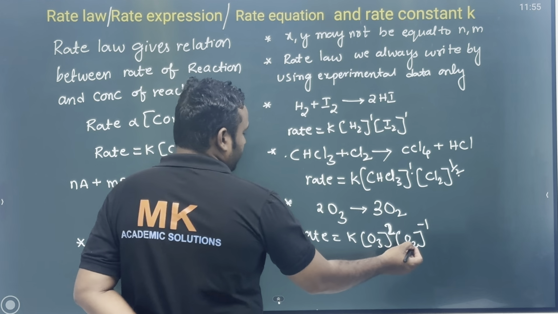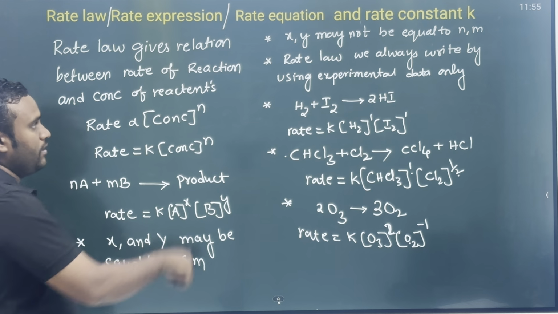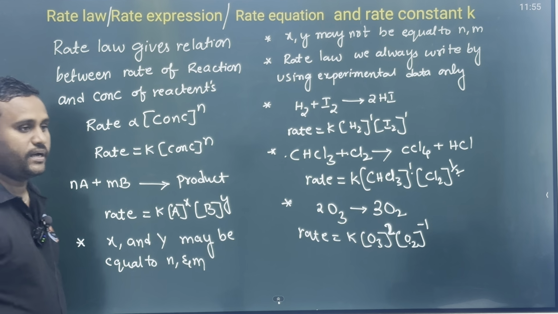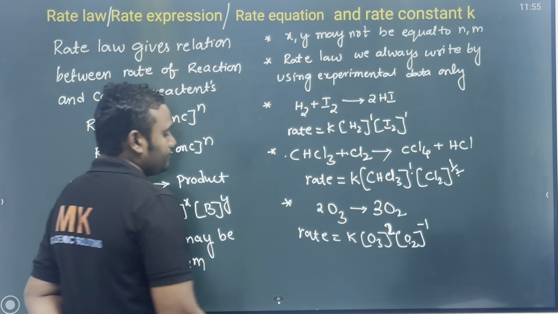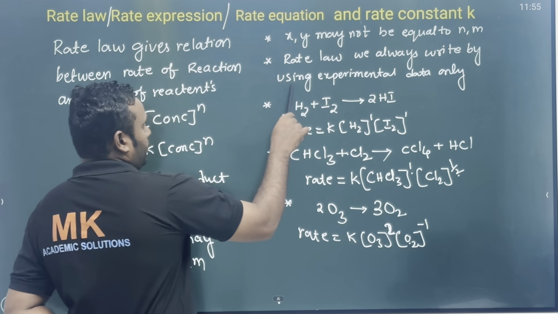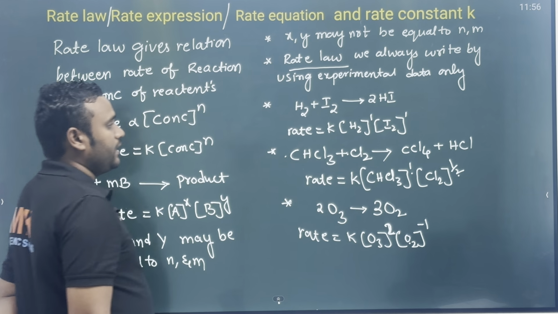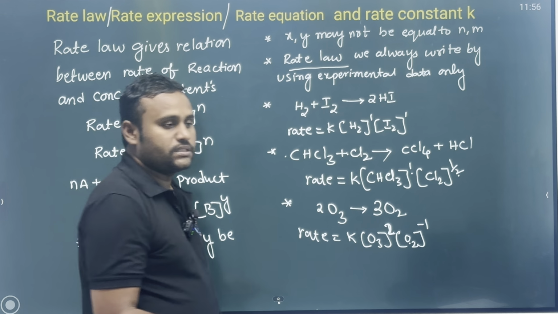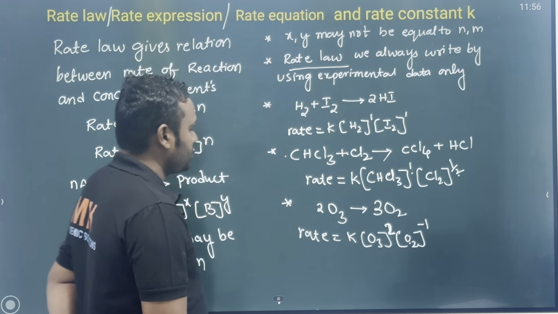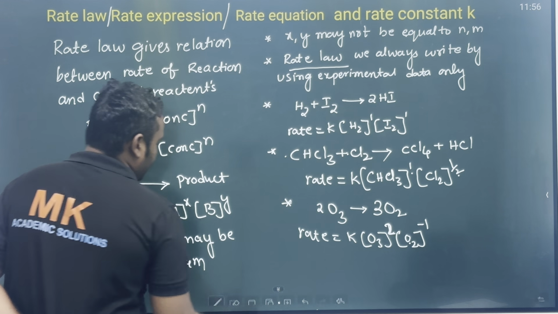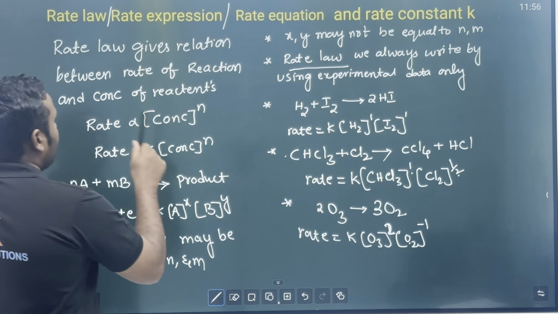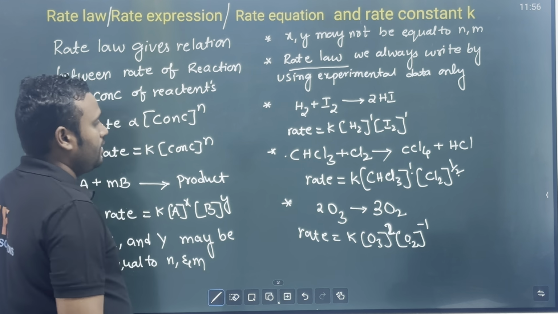See here, sometimes the product also may be involved in the rate expression or rate equation. That's why I told you the rate law we always write by using experimental data only, but not by seeing the balanced chemical equation. So this is about the rate law, rate expression or rate equation.